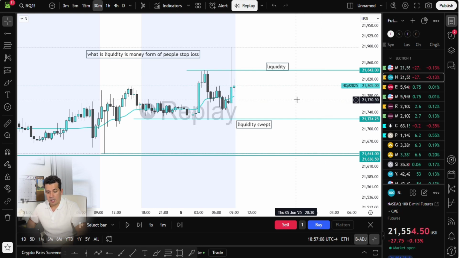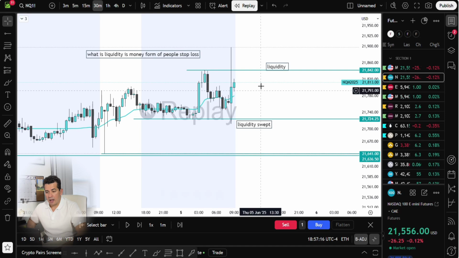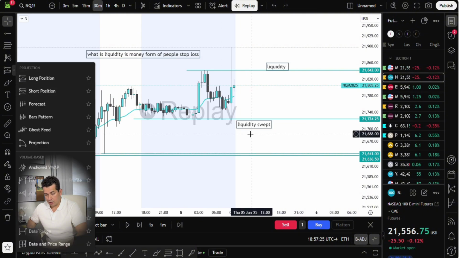So let's keep playing and see what happens here after taking. It could be okay. After taking the liquidity, it's an opportunity to go short. Yes, it's too risky because it's 8:30.